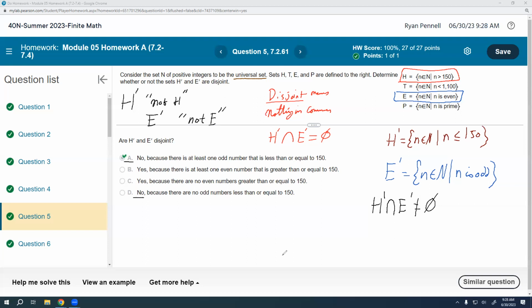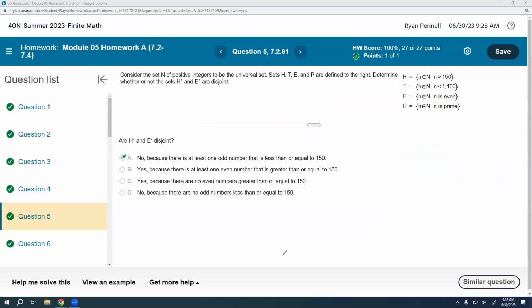So I would say it has to be A, no, because there's at least one odd number that is less than or equal to 150. Okay, so it has to be that. And then there's a lot of vocab about disjoint and complements, so that can be a little confusing, but hopefully it makes sense now, or maybe you'd have to rewatch the video once again.